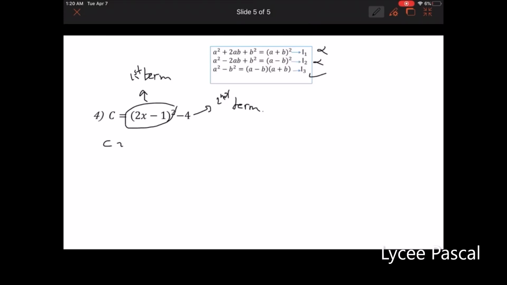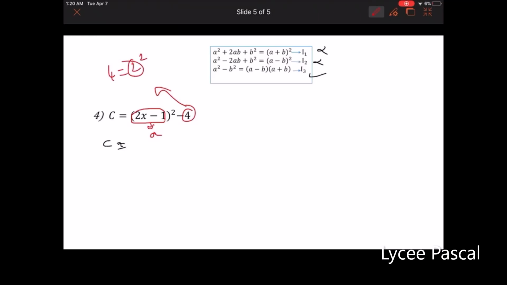So A here is the base under the power 2, so this is A. And 4, indeed, we can write as 2 squared. So B is 2. For the first, we want to reduce this expression to have A squared minus B squared. So C equals, we keep 2x minus 1 as it is, minus 4, we write it as 2 squared.